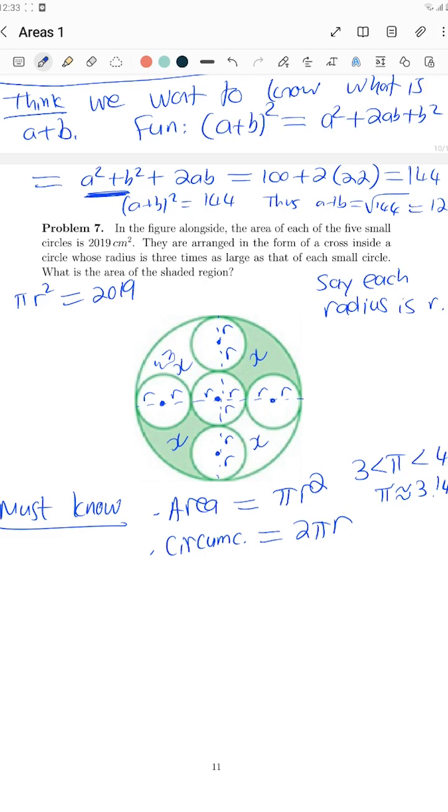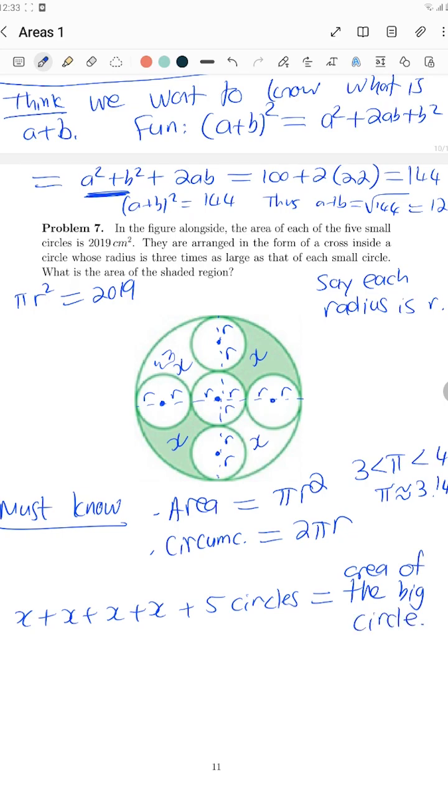And just like the previous problems we tackled earlier, let's do some area counting. So we know that if we take those funny shaped areas, x plus x plus x plus x, so we have 4 of those, plus the 5 circles, if we add up those areas, it will be the area of the big circle. Do you see it?